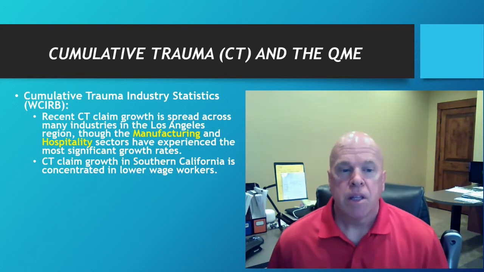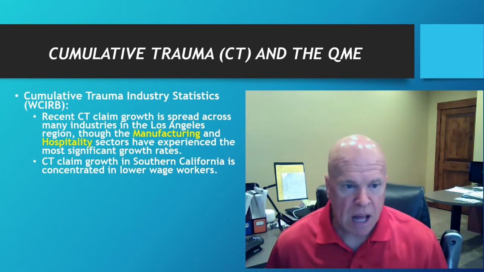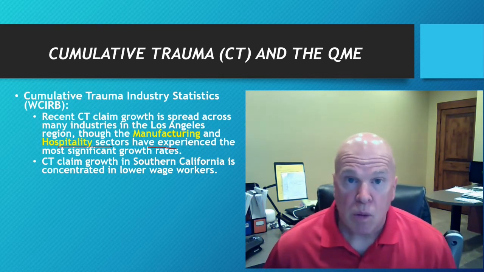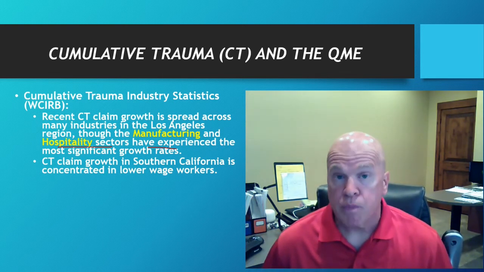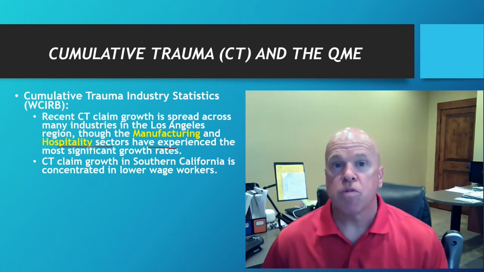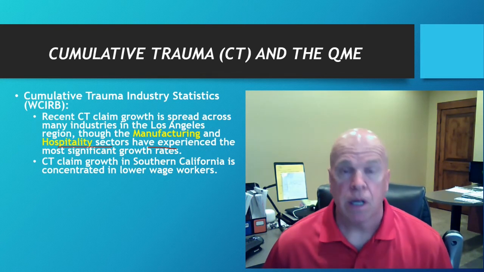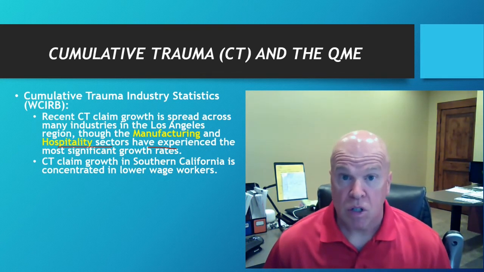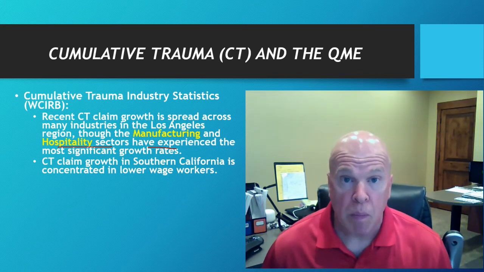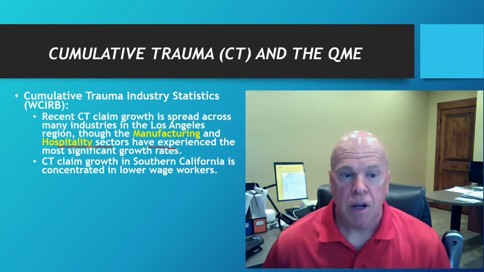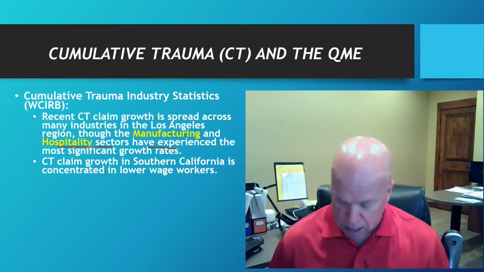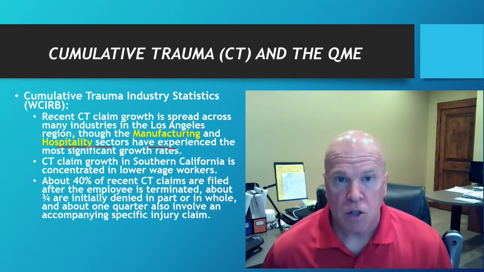However, the manufacturing and hospitality sectors have experienced the most significant growth rates. So it's these particular industries, the manufacturing industry and the hospitality industry, such as hotel workers, such as amusement park workers, that are exploding with the filing of cumulative trauma injury claims.